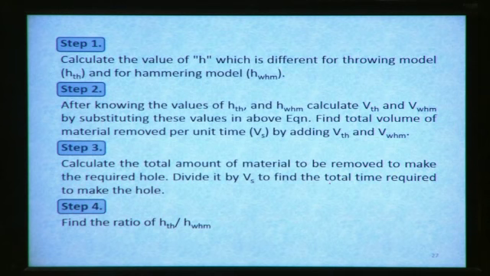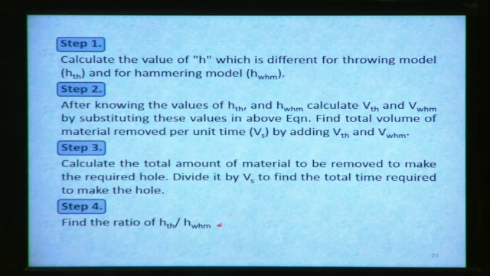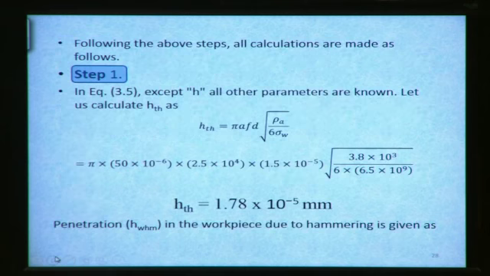So dividing the total amount of material required to be removed by this Vs will give the time for making the hole. Okay. So this ratio is STS by SWH. So after that we have to calculate the ratio of the indentation depth by the throwing model to the indentation depth by the hammering model.